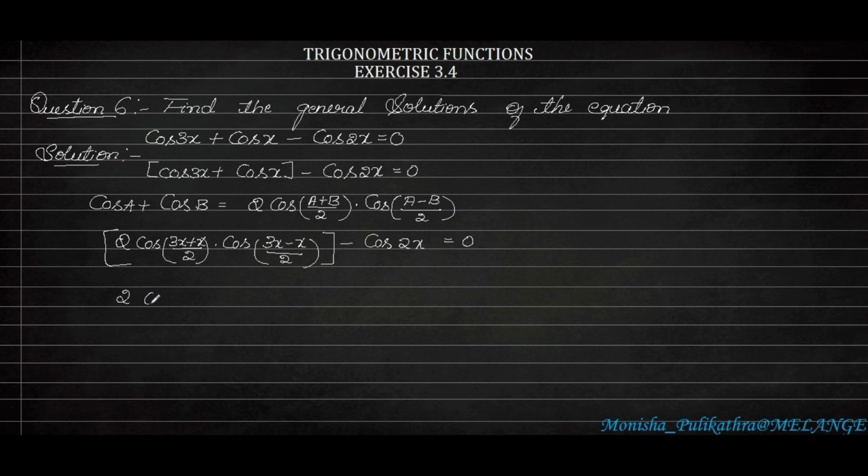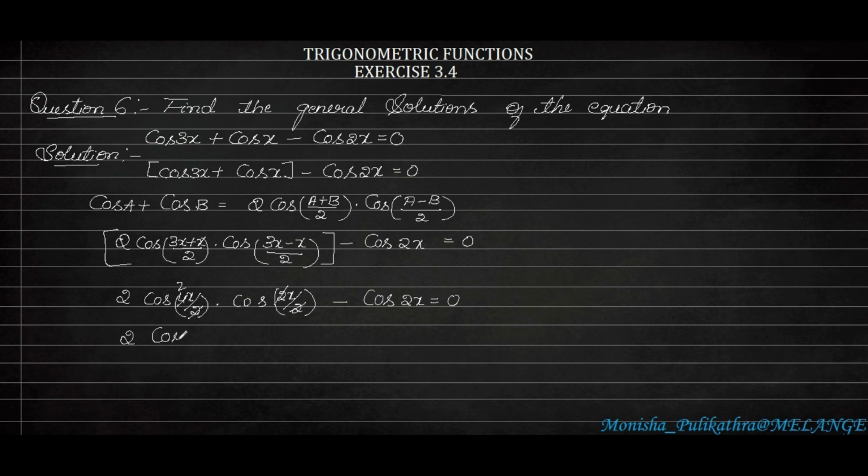So here it will become 2 cos 4x divided by 2 into cos 2x divided by 2, minus cos 2x as it is. So here 2 twos are 4 and 2 ones are 2.